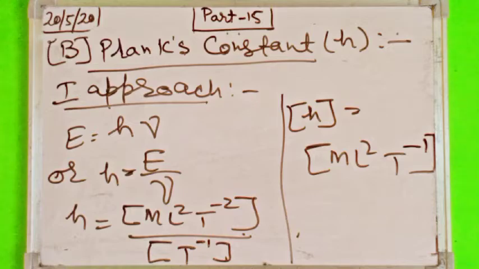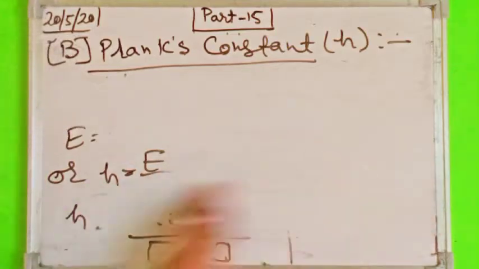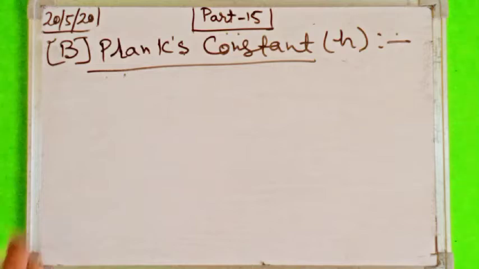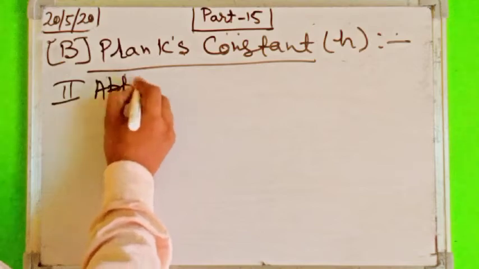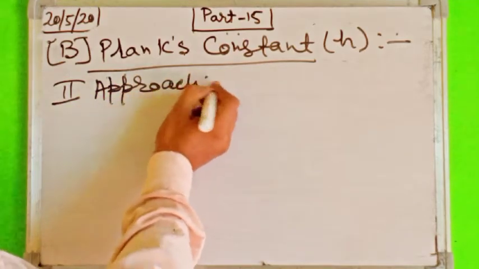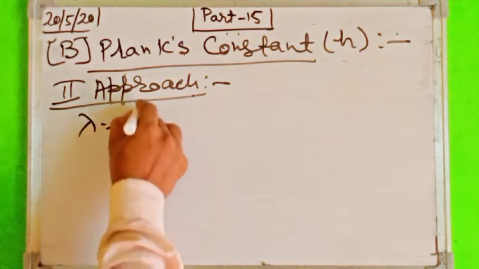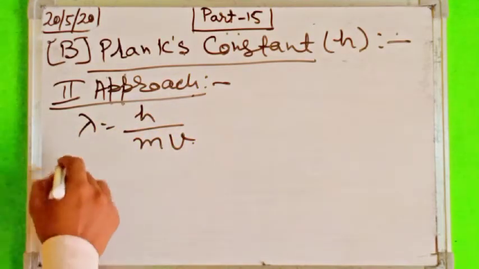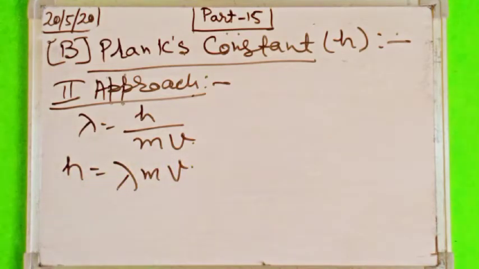The second approach: lambda is equal to h upon mv, and from here we can say that h is equal to lambda into mv. Very good.